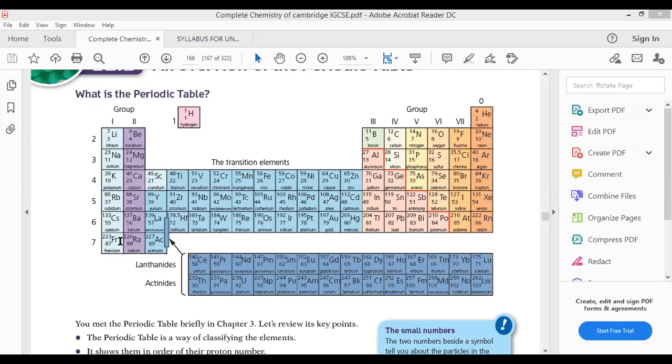What is the question? The question is: why do they arrange elements in a group? Suppose from the first group they start from Li, and it finishes with Fr. So why do they put all these elements in one group? Li, Na, K, Rb, Cs and Fr.